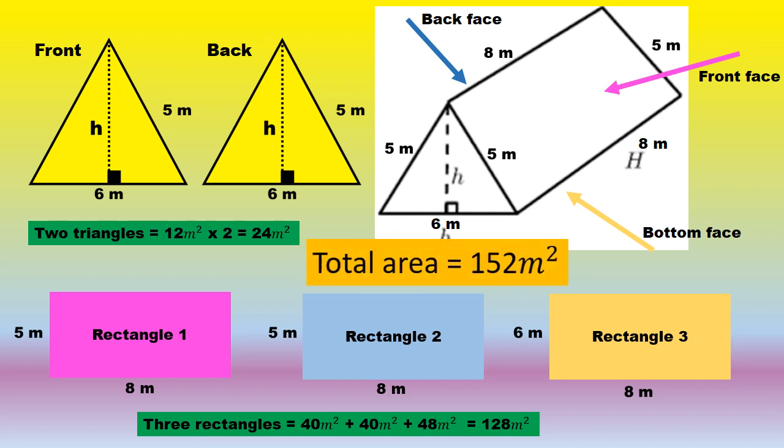Then to get your total area, you add the triangles and the 3 rectangles all together, and you get 152 meters squared. Very important, surface area is meters squared. It's still the area that you're working out, just of all different faces of that shape, and it's 152 meters squared.